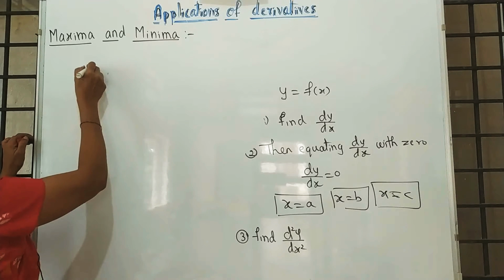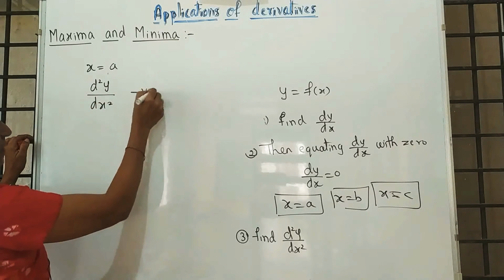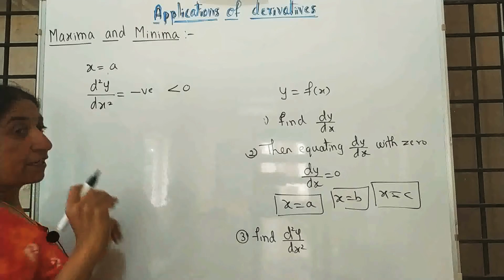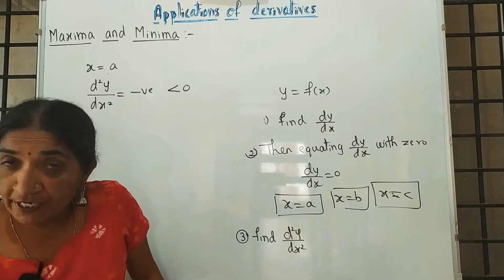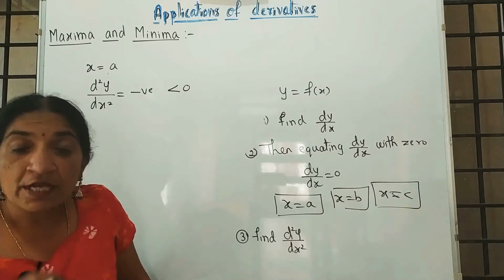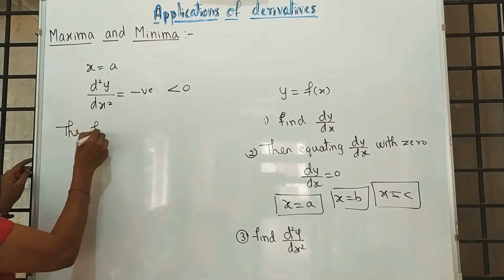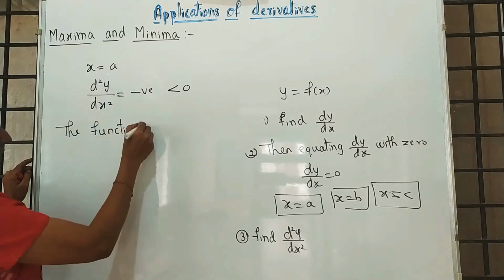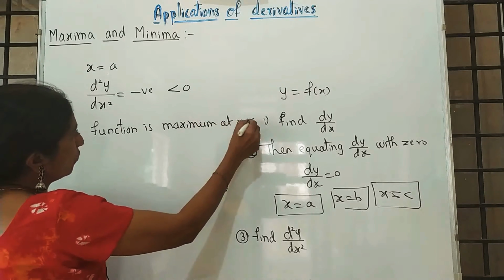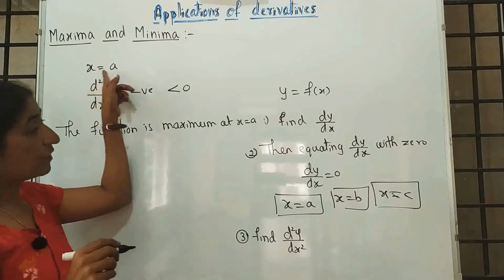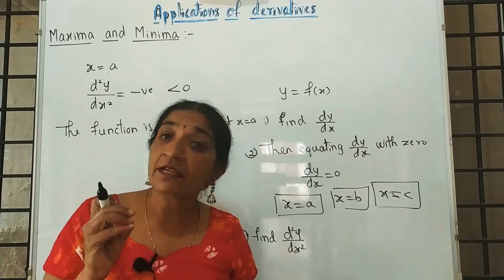For example, at x equal to a, if you get the second derivative as a negative answer, then the function is maximum at x equal to a. And the maximum value means you have to substitute that value in the given equation.